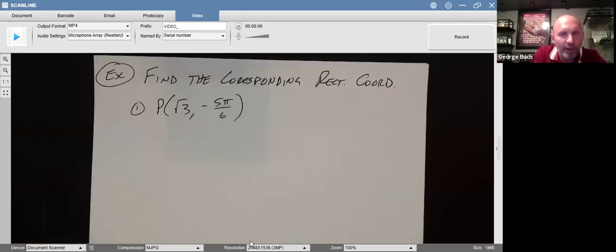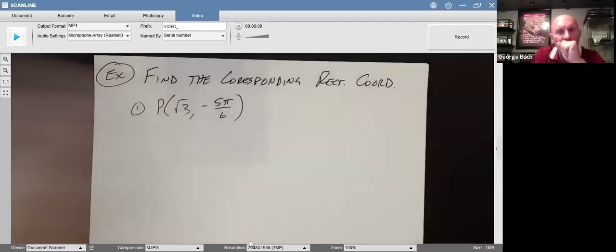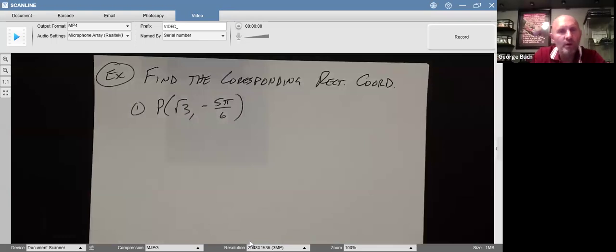So here is my suggestion to you. When you are converting from polar to rectangular or rectangular to polar, plot this point so that you know which quadrant you are in. So that when you get a final answer, does it make sense that you're in the correct quadrant?